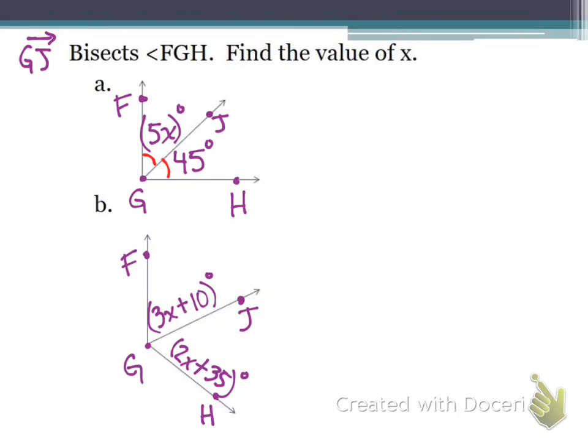If they are congruent to each other, we can set their measures equal to each other. So we can set up an equation, and then all we have to do is solve it. This one's easy. How do we solve it? Divide by 5. X equals 9. Okay, and that's all they asked us to do, is find the value of x. So we can stop there.